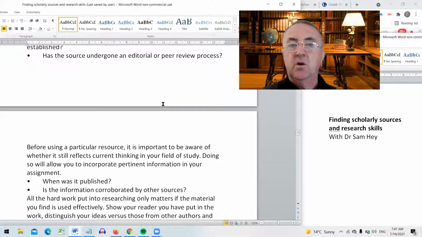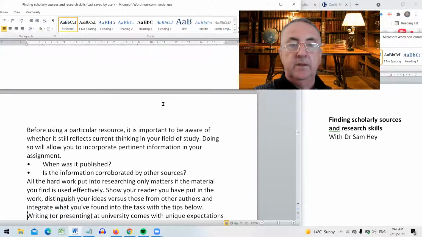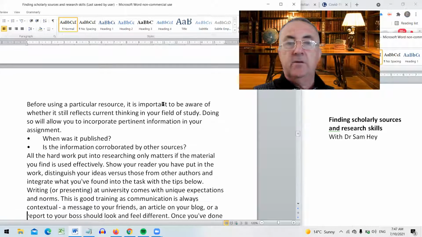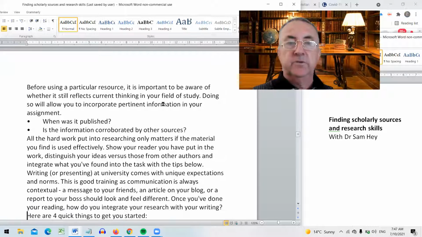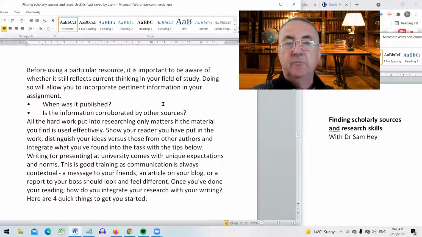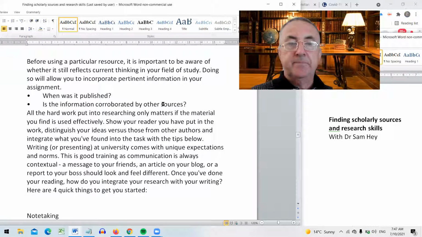Has the source undergone peer review? And also be aware of whether it reflects current timely thinking in the field of study. When was it published? Is there other information corroborated by other sources?